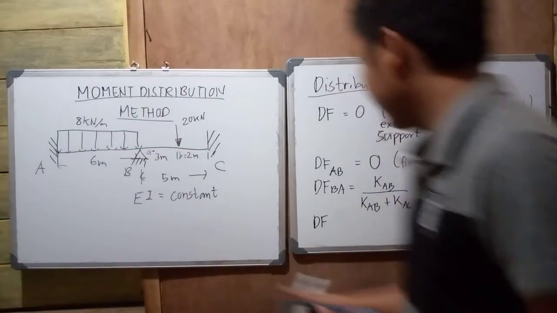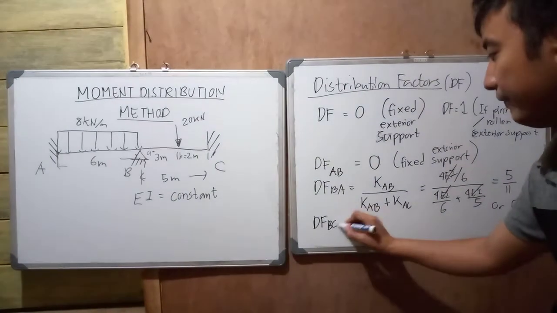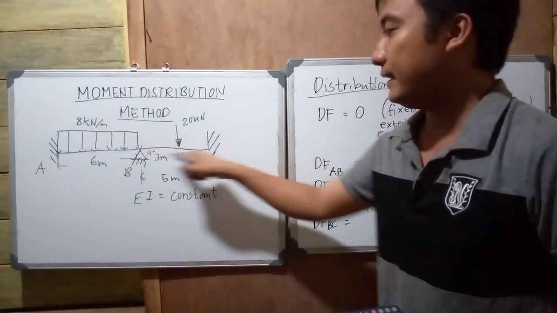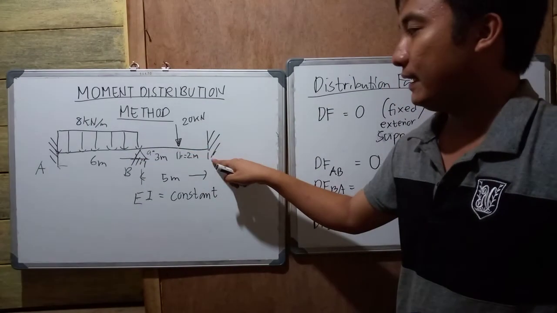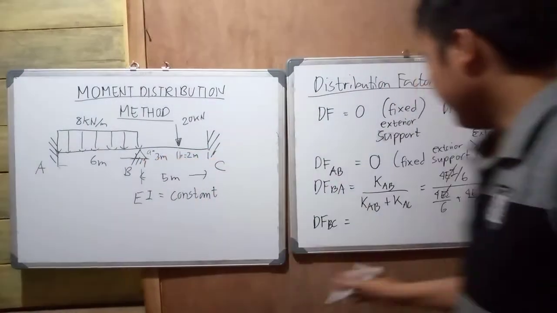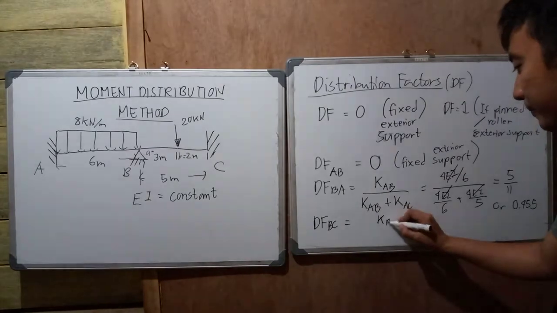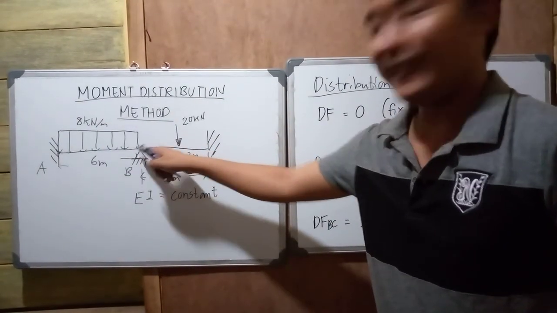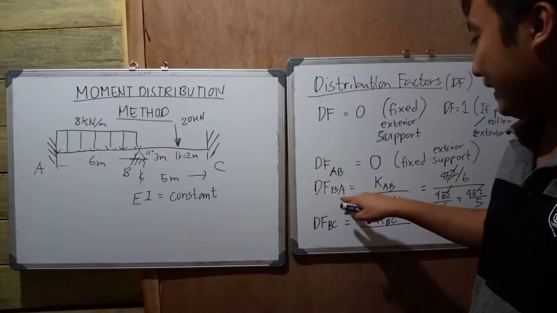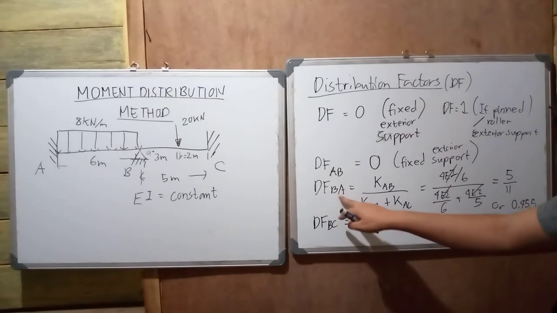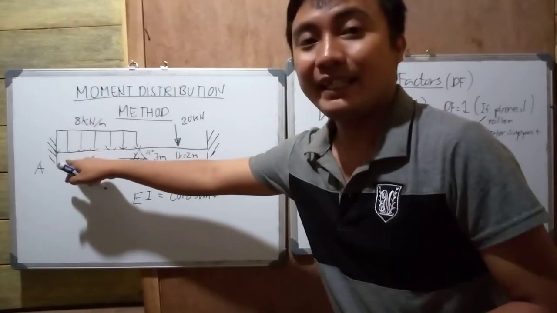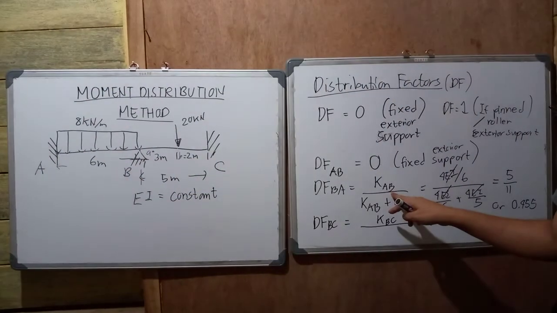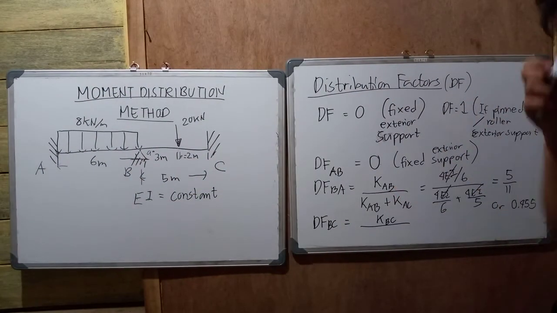So, tapos na si BA. So, DFBC naman tayo. Si DFBC is equivalent to, nasa gitna siya ulit, BC. Okay? From B to C. Therefore, it will be KBC. Yung mismong length, kasi sa DFBA is B to A, so, ibig sabihin, yung length ng AB ang i-consider dito.